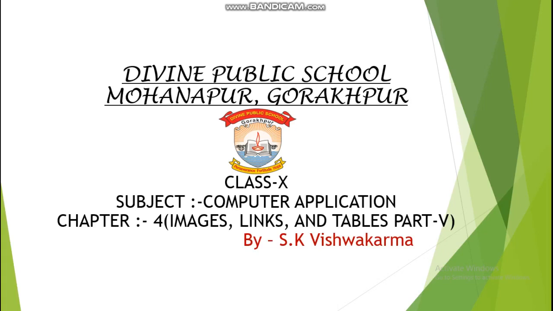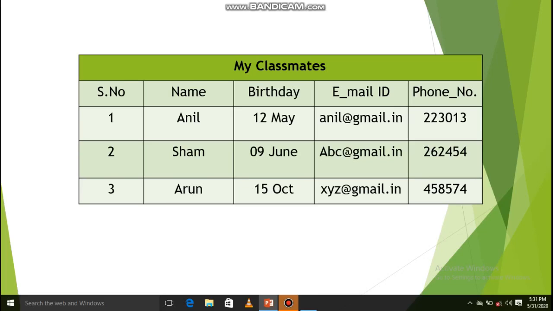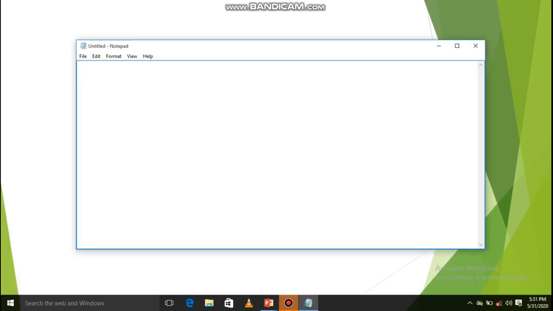So I have one table here. If you want to create a table on a browser, as I can show here, how do you write the HTML code to create this table? Let us see. First let me open Notepad.